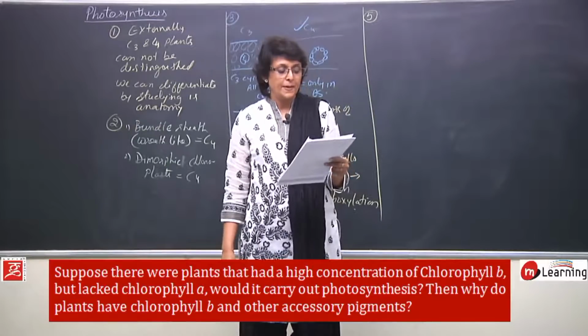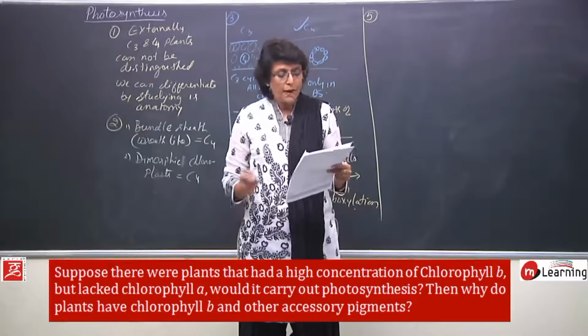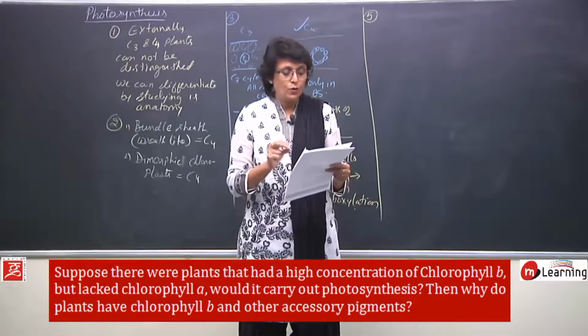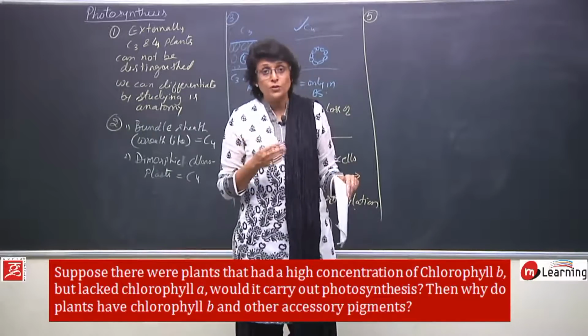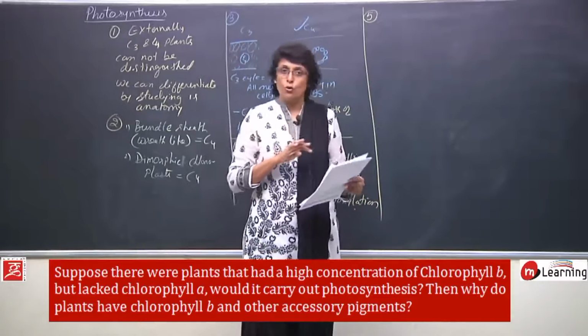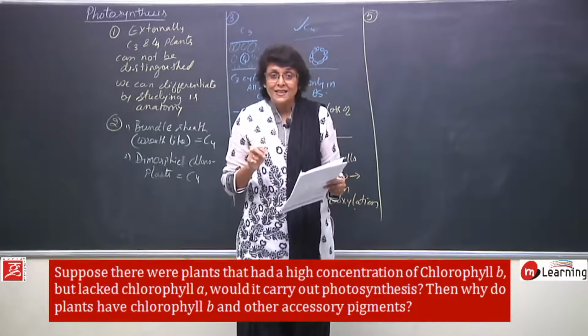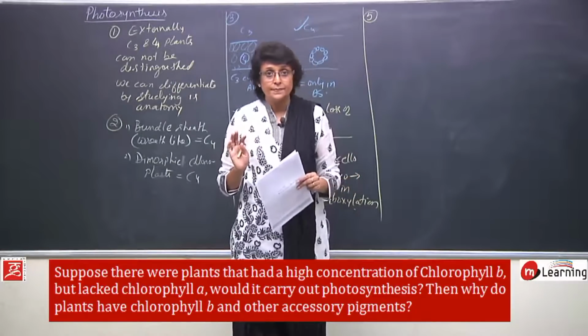Suppose there are plants that had high concentration of chlorophyll B, but lacked chlorophyll A. That means, suppose there were plants which had plenty of chlorophyll B but no chlorophyll A. Would these plants carry out photosynthesis?